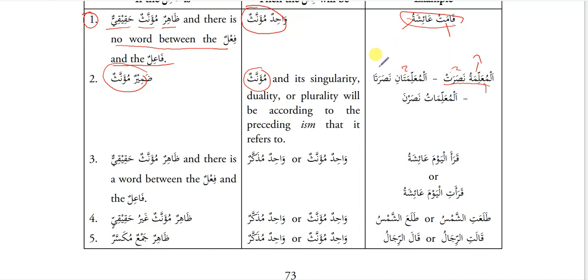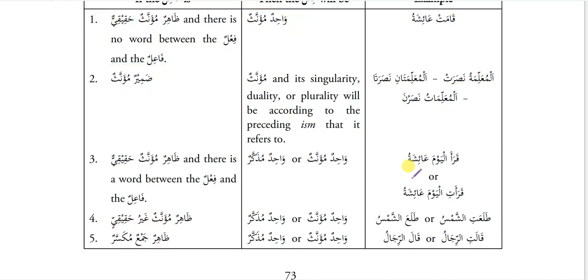Al-muallimatani is tasniya, so fi'l is tasniya, and al-muallimatu is jama, so fi'l is jama.